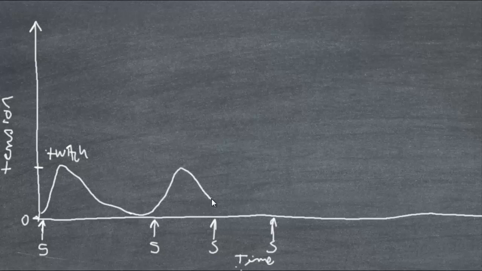But if we get another stimulus here, it'll jump up again, same characteristic, same waveform, but then it'll start to decay a little bit. And then before it goes all the way back to normal, if we have another stimulus, it shoots all the way back up. And then it'll start to decay if you don't get another stimulus. So this constant increasing stimuli is called summation.